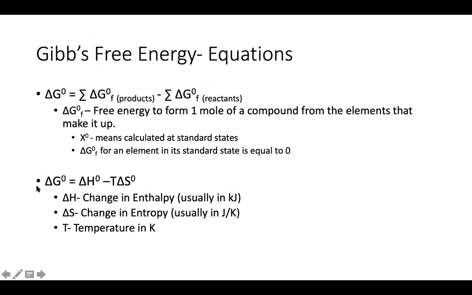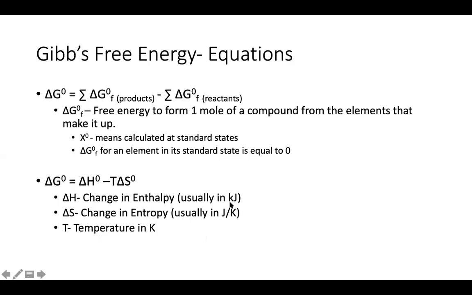So I'm sure by now we're very familiar with this equation and how Gibbs free energy relates to enthalpy and entropy. Really, the only thing I want to comment on, because we have used it so prevalently, is remember that delta H is usually given or calculated in terms of kilojoules. Well, delta S, our change in entropy, is almost always given in terms of joules per Kelvin. Now, the Kelvin portion cancels out when we multiply by temperature.